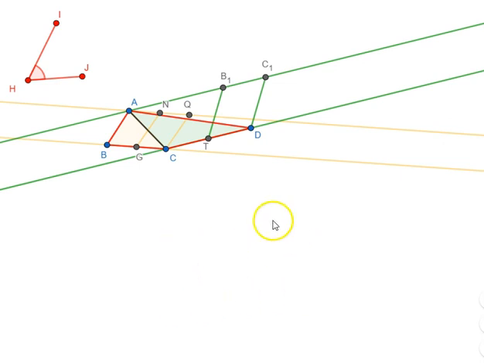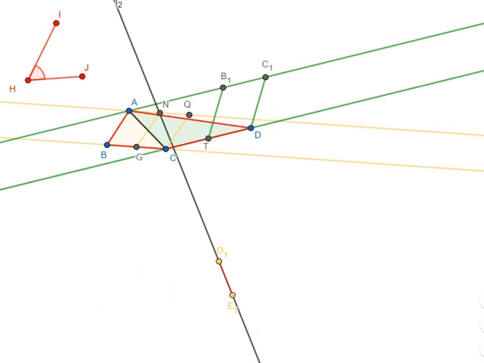Construct a single parallelogram whose area is equal to the sum of these two parallelograms. So let's start off. Let's mark a point and let's mark another point and let's connect these two points. Now it doesn't really matter where these points are, they could be anywhere. Let's extend it in both directions.